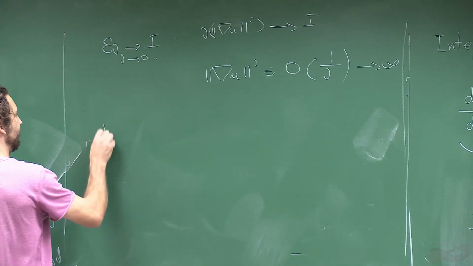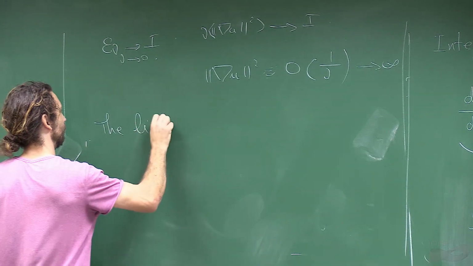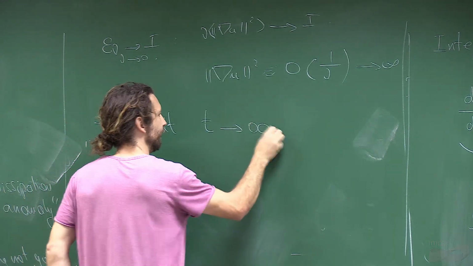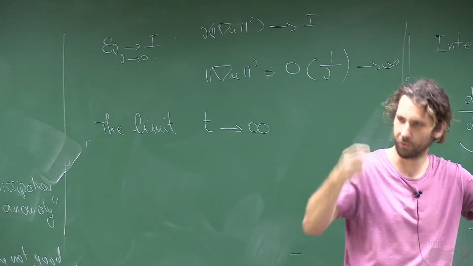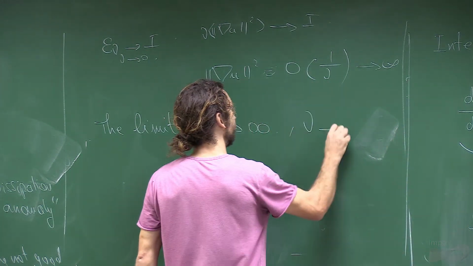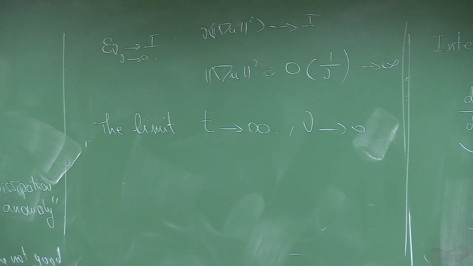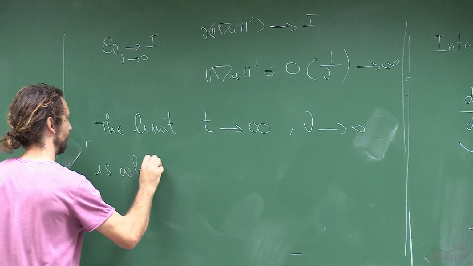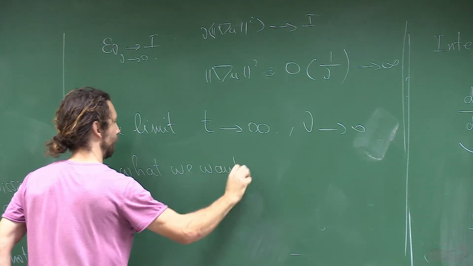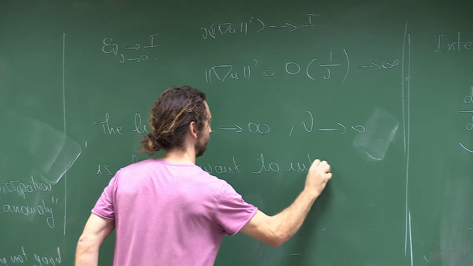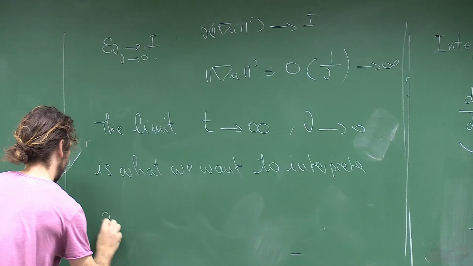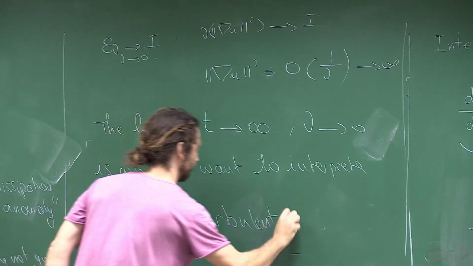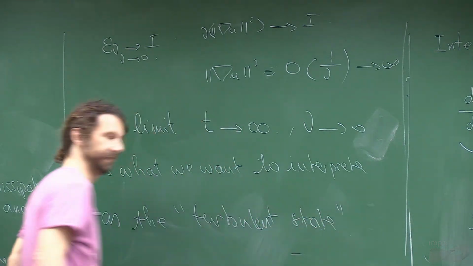So the limit where you take t goes to infinity to get a stationary state, and nu goes to 0 to get rid of the dissipative term, is what we want to interpret as the turbulent state. And this is what hidden symmetry will be about.